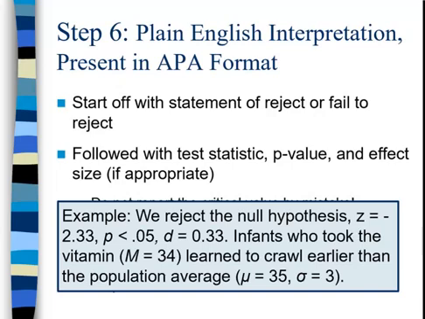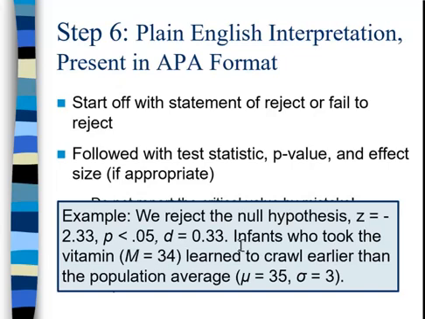Then there's some sort of statement of which you compare your sample mean to your population mean. So here we're saying something to the effect of infants who took the vitamin, and note that that's the level, that's our factor here, right? And as soon as we state what that is, then in parentheses we need to report its respective mean and standard deviation. Well, here I didn't give you the sample standard deviation. All I gave you was the mean.